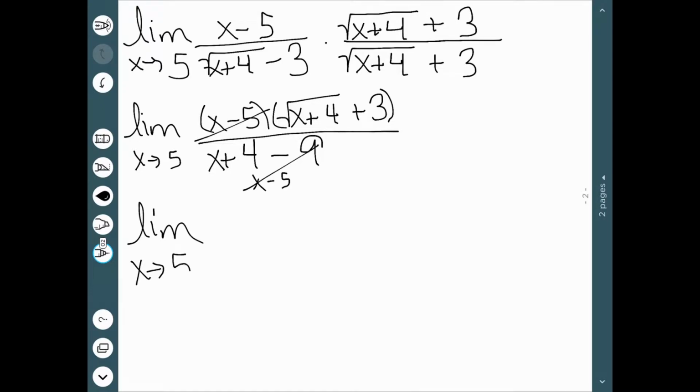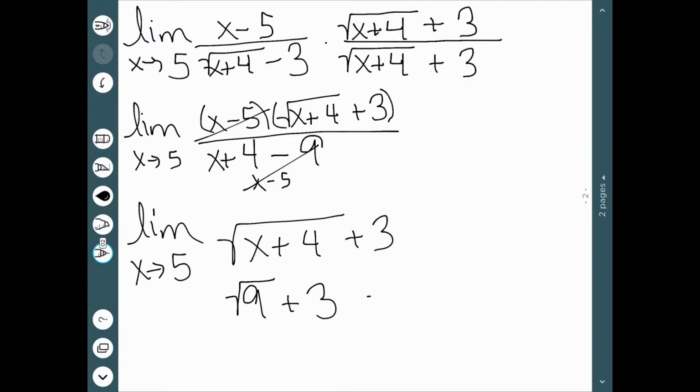I now have the limit as x approaches 5 of the square root of x plus 4 plus 3. 5 plus 4 is 9, and the square root of 9 is 3. So we have 3 plus 3, which is 6. So now we have two methods that we can try whenever we have this 0 over 0 form. We could factor, or we could try to rationalize the denominator.